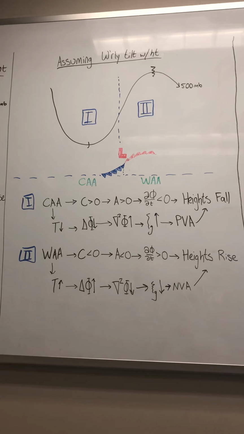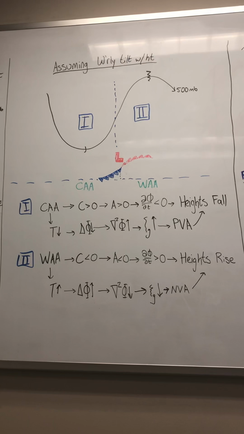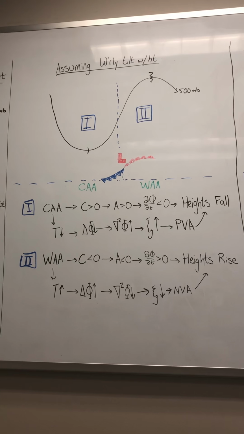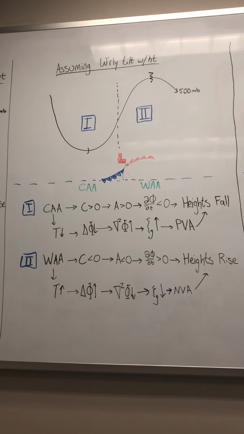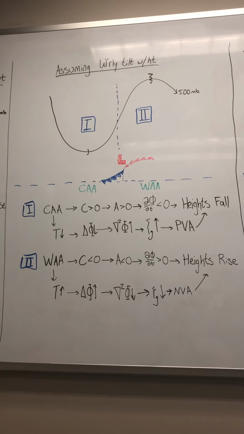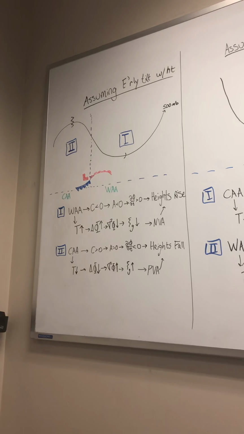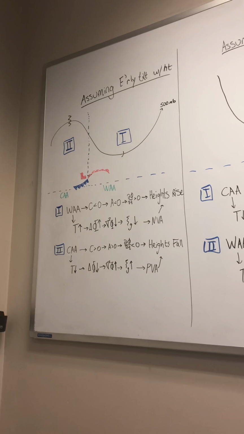For the C term, we will break it up into 2 different types of systems. One which assumes westerly tilt with height, in which the low-level system, the center of the low, is to the east of the upper-level trough at 500 millibars, and another system which has easterly tilt with height, in which the low is to the west of the upper-level trough.